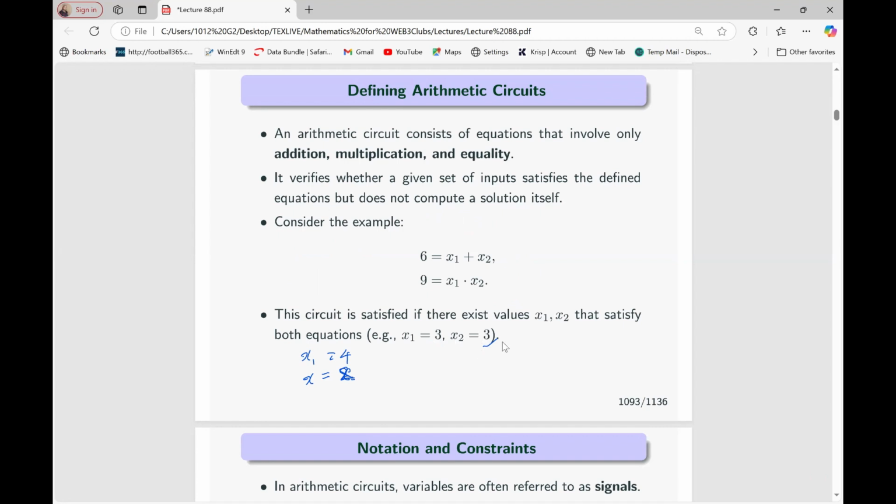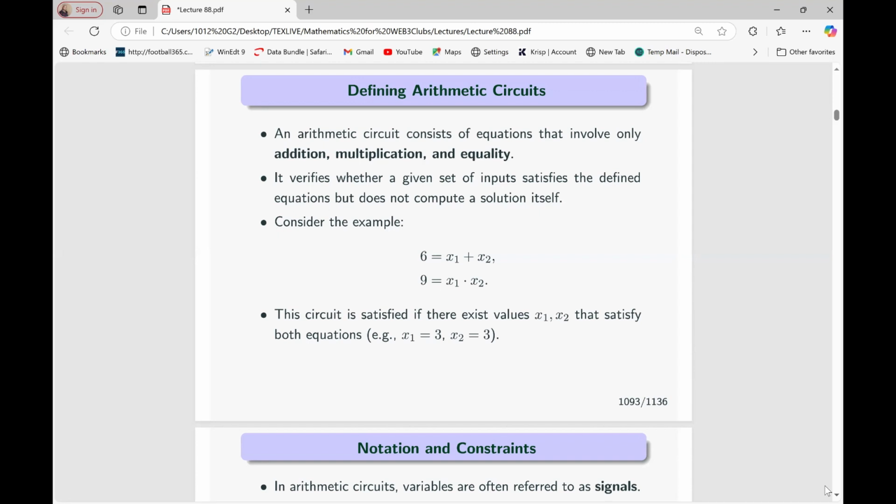In this case, it has verified that x1 is 3 and x2 is 3, and any other values will not be correct. But the thing is, the inputs must satisfy the system of equations. The system of equations is just all the equations given for that purpose. There could be 2 equations, there could be 3, there could be 4, and so on. But the solutions or the inputs must satisfy all those equations.